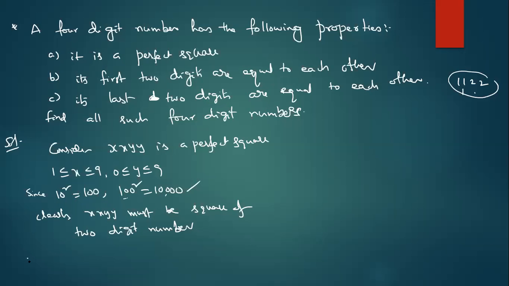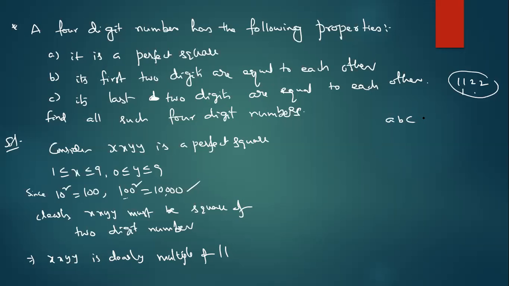Now, observing x, x, y, y, it should clearly be a multiple of 11. What is the divisibility rule for 11? I'll tell you a rough example.